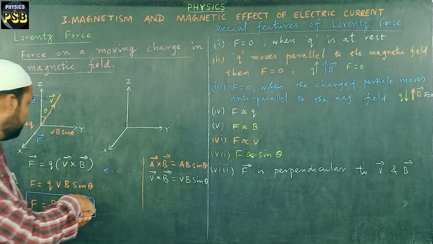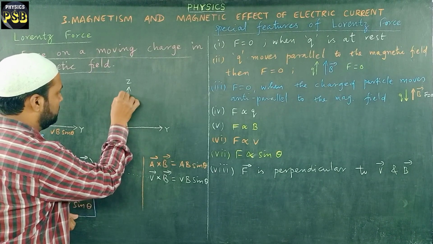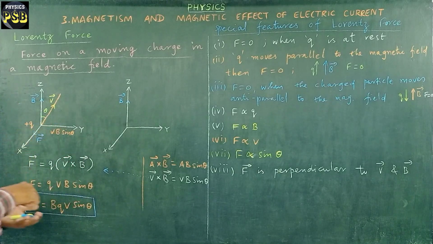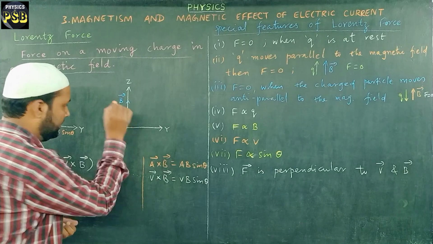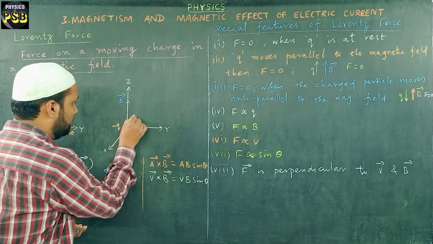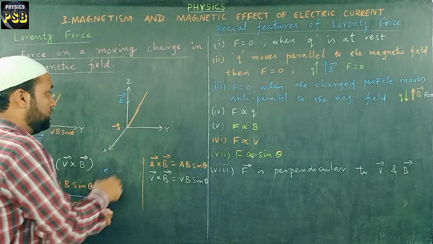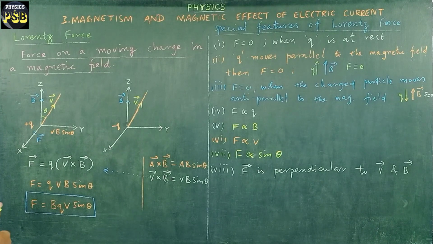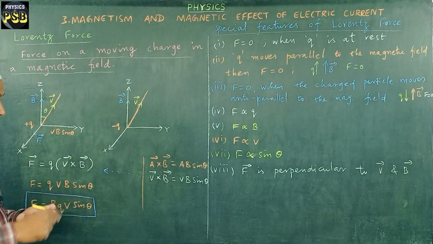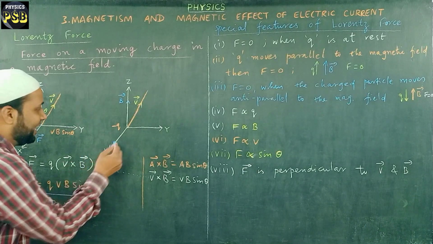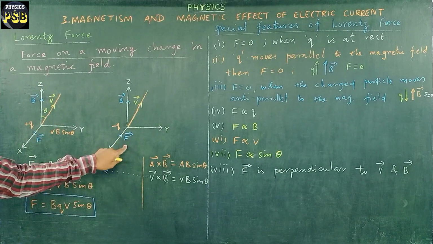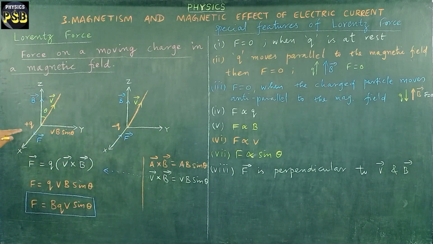Here, the magnetic field acts along the z-axis, and in the place of the positive charge, we have a negative charge. Suppose it moves in this direction with velocity v. Then the magnetic Lorentz force will be acting in this direction. It acts towards the origin, whereas in the case of a positive charge, the force acts away from the origin.